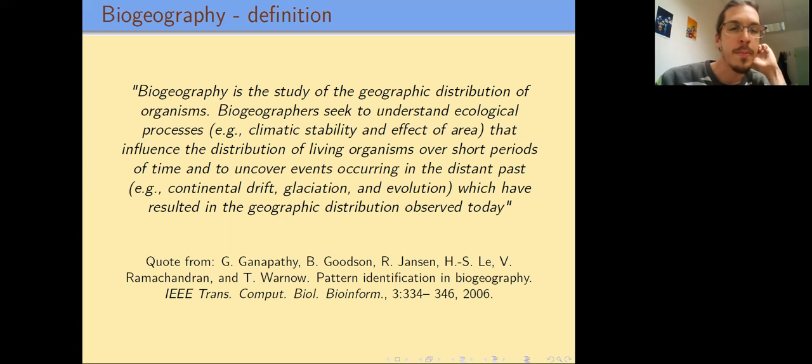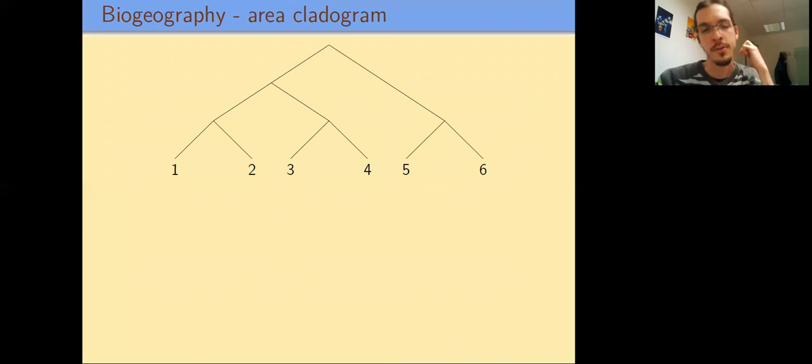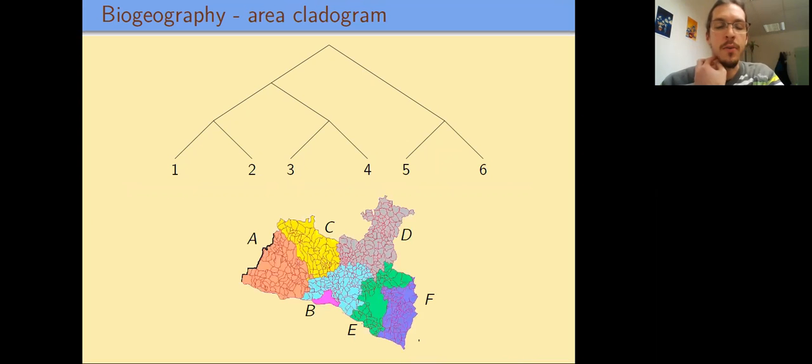So what does it mean? The people who studied biogeography, and in particular, the people who wrote this nice definition, they start with a phylogenetic tree of some set of species, and they look at the geographical distribution of these species.